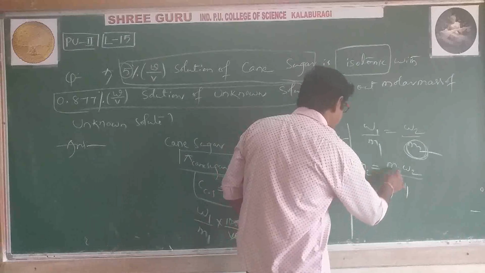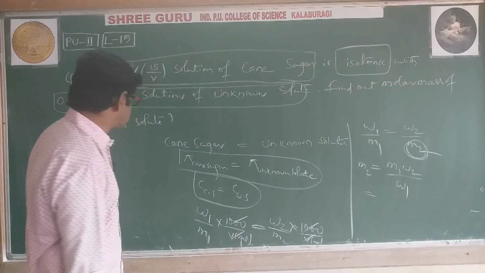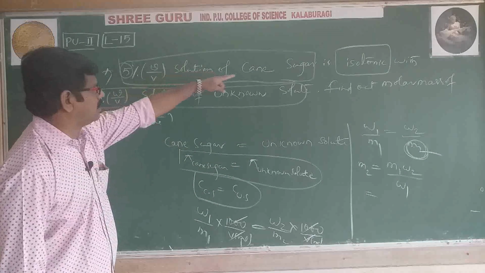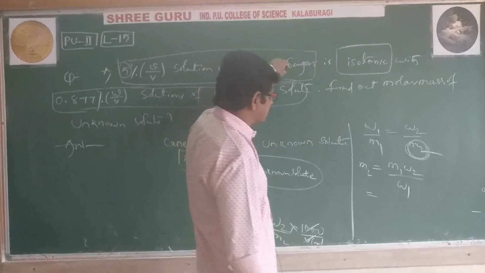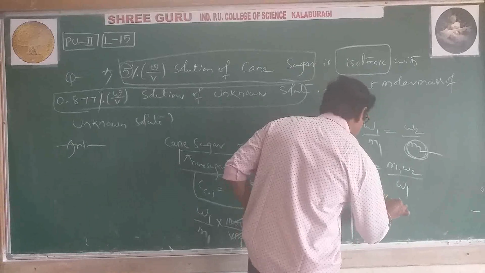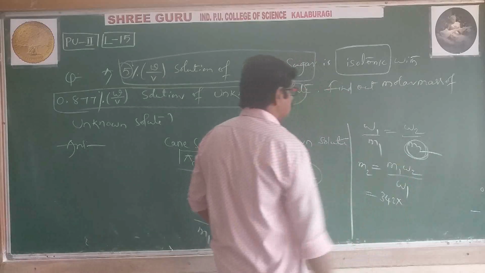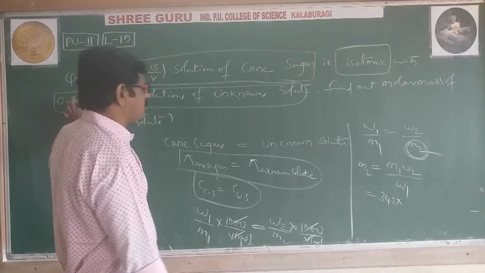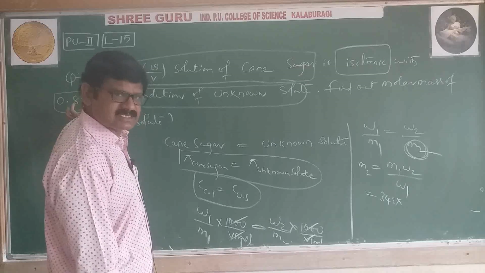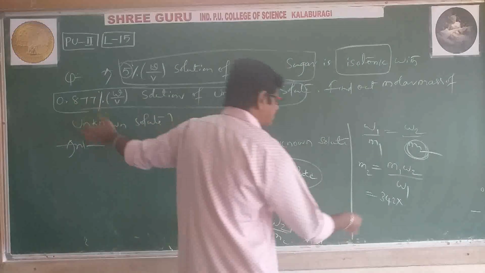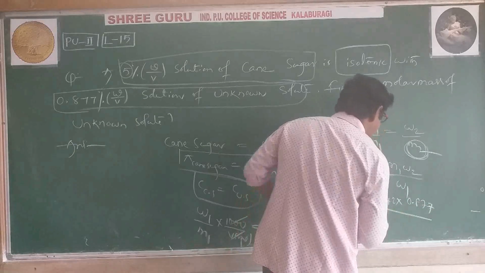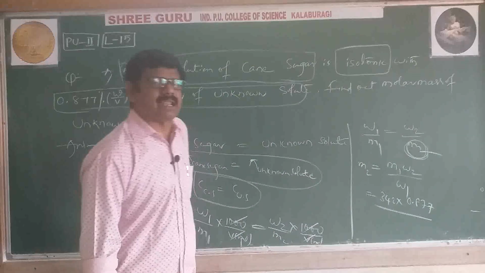Therefore, how much is the M1 value? M1 is nothing but the molar mass of cane sugar, that is 342, C12 H22 O11. 342 into W2, the second sample mass, 0.877, divided by W1, the first sample mass.